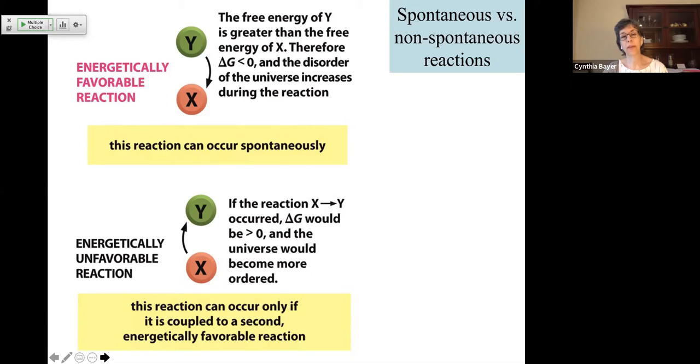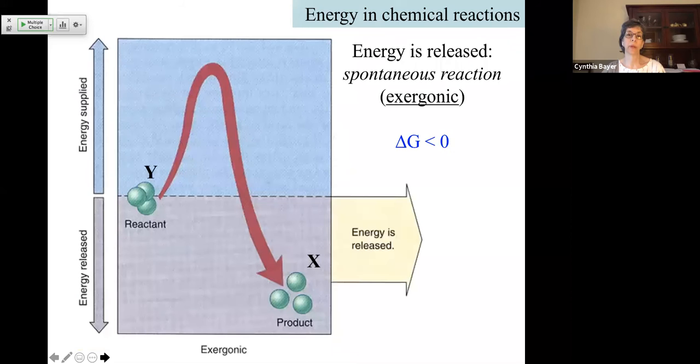So let's look at these types of spontaneous versus non-spontaneous reactions in sort of a different way.